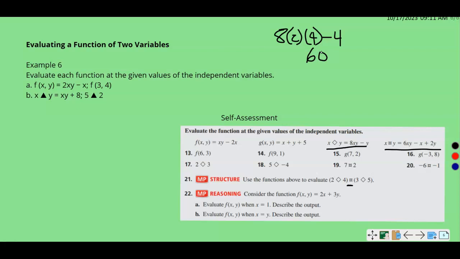And now we're going to evaluate 3 diamond 5. We're going to do the same thing. We're still going to use the same function because it's using the same symbol here. So we're going to do 8 times x. This time x is 3 and y is 5. And then minus y.